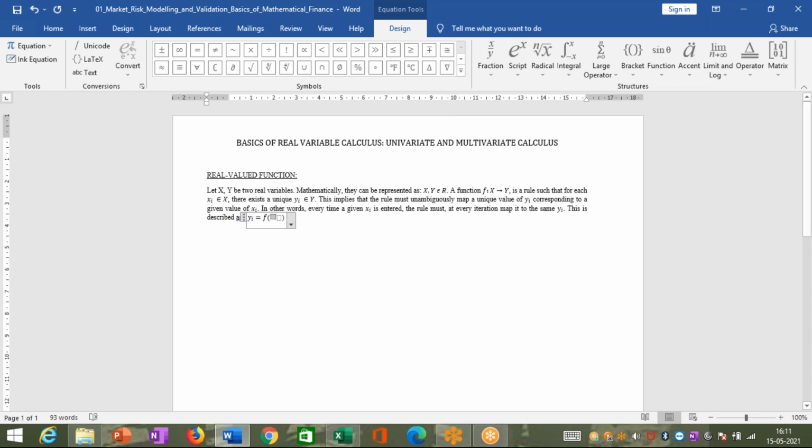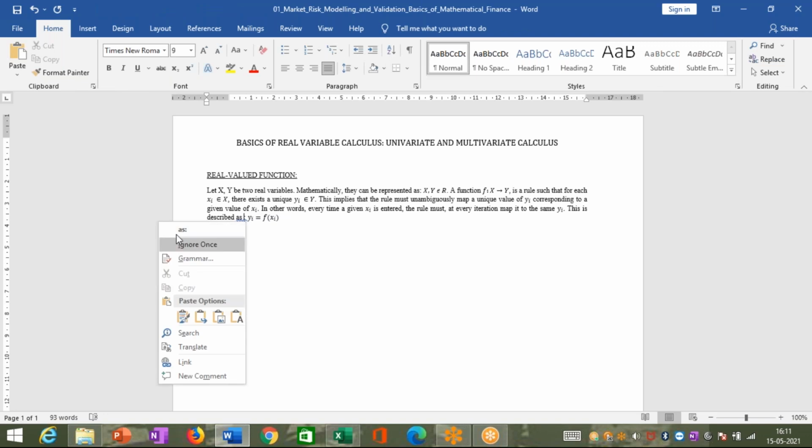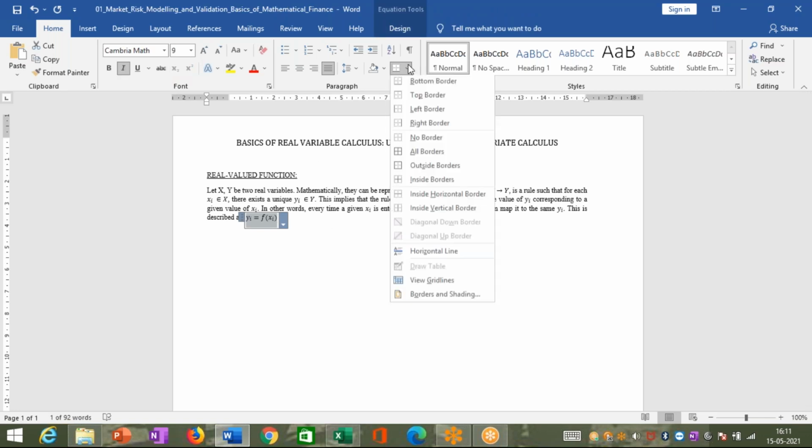Every time I write this, yi is a function of x. So what it means is, every time a particular value of xi is entered, the same value of yi will be mapped, right? So this is how a typical function looks like.